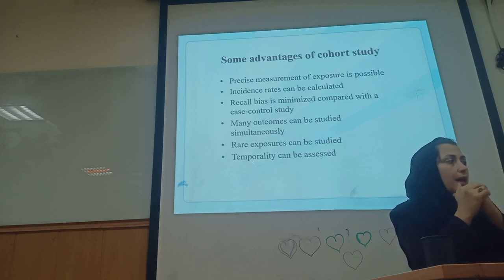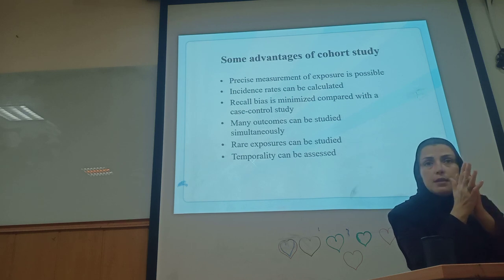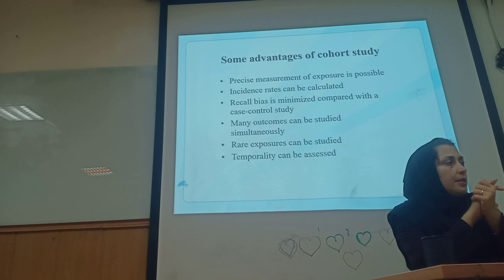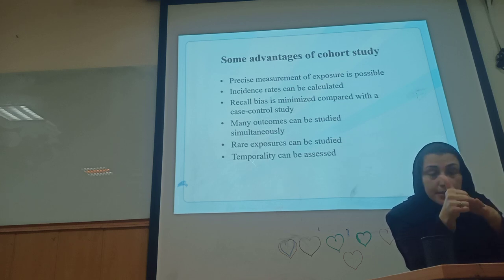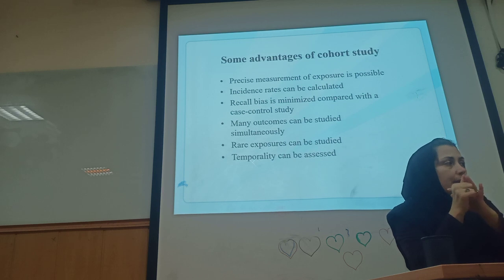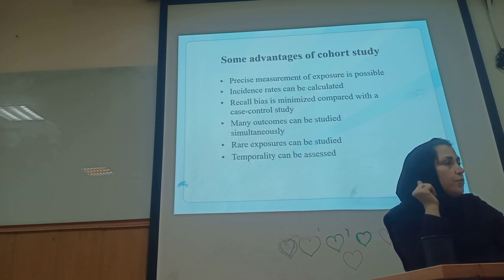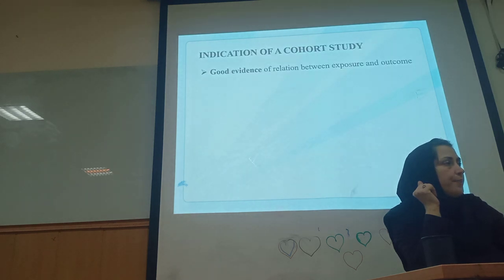Rare exposure can be studied. Many outcomes can be studied simultaneously. Recall bias is minimized compared with a case control study. Incidence rates can be calculated. Okay? We have reviewed all of them.